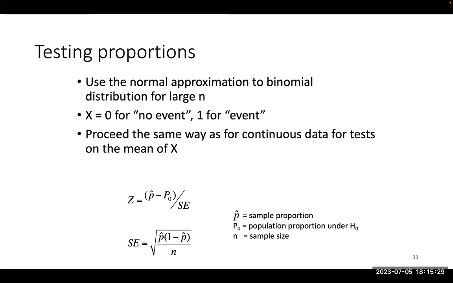You have a proportion of diabetes, so you sample 100 individuals in New York City. You get a proportion of 15% diabetics in your sample, and you're comparing that to the overall population of New York City, where the prevalence is 10%. So then you calculate 15 minus 10, that's 5, divided by the standard error.